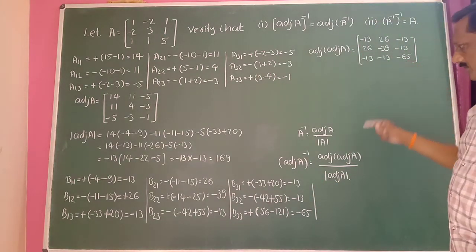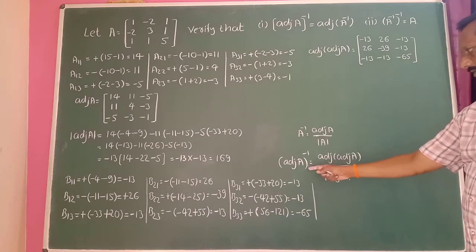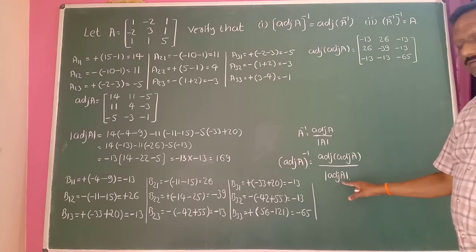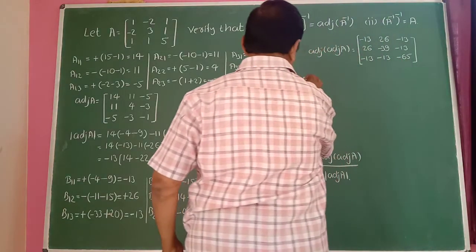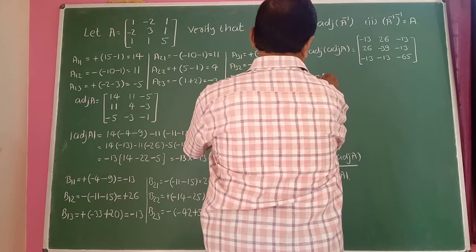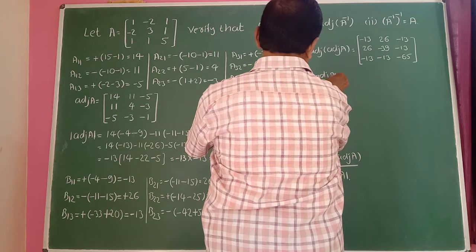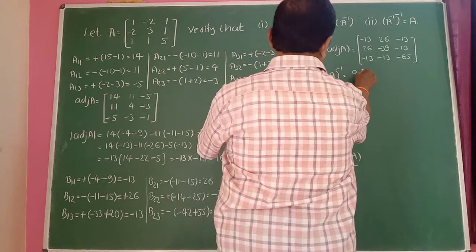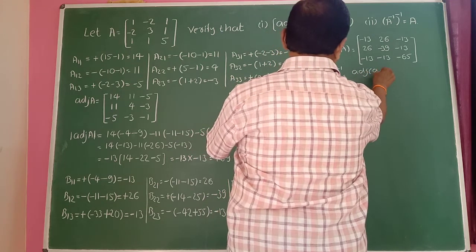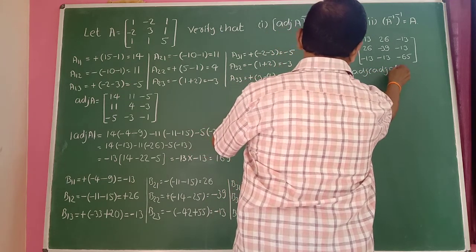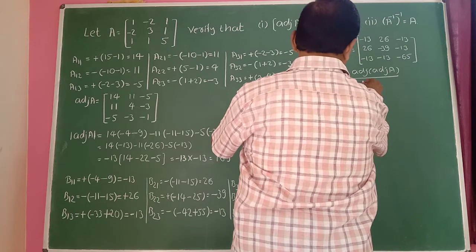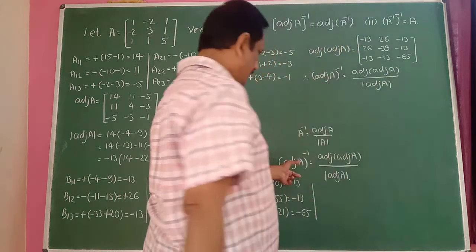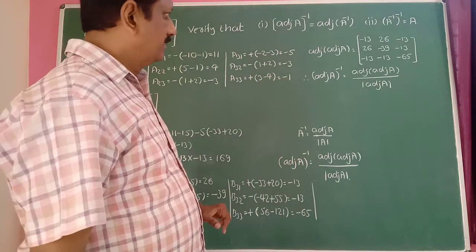Therefore, you know this formula. The inverse of adjoint of A is adjoint of A divided by determinant of adjoint of A. This formula we are writing here.